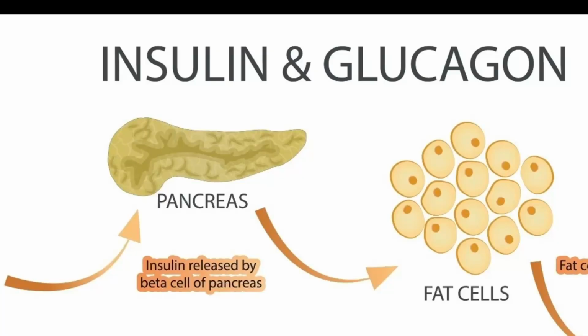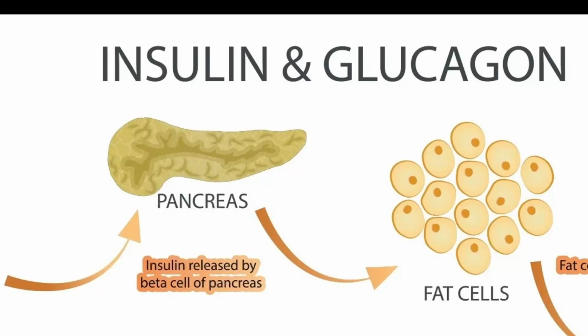Now, what happens when there is low blood glucose, or during a fasting state? Glucagon is released by alpha cells of the pancreas, which acts on the liver and asks the liver to release glucose into the blood. The glycogen that is present in the liver is broken down and released into the blood as glucose to restore normal blood glucose level.